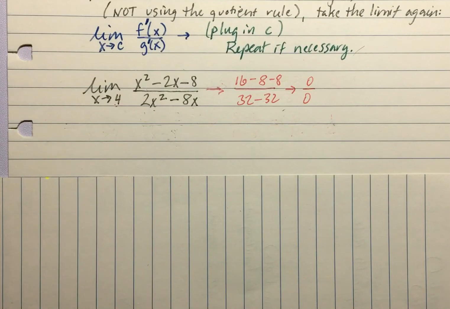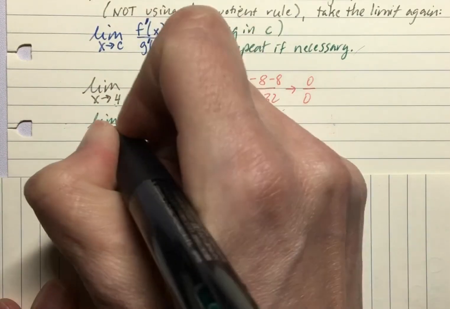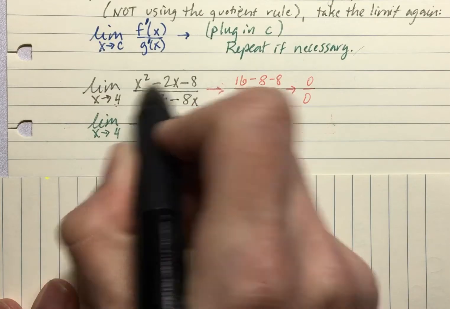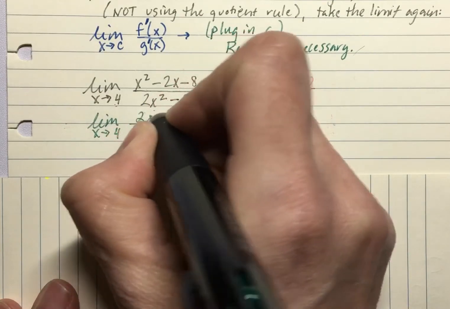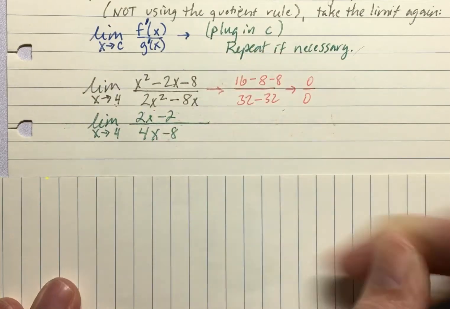We simply take the derivative of the top and the bottom, keeping our limit notation: limit as x approaches 4. The derivative of the top is 2x minus 2, and the derivative of the bottom is 4x minus 8.